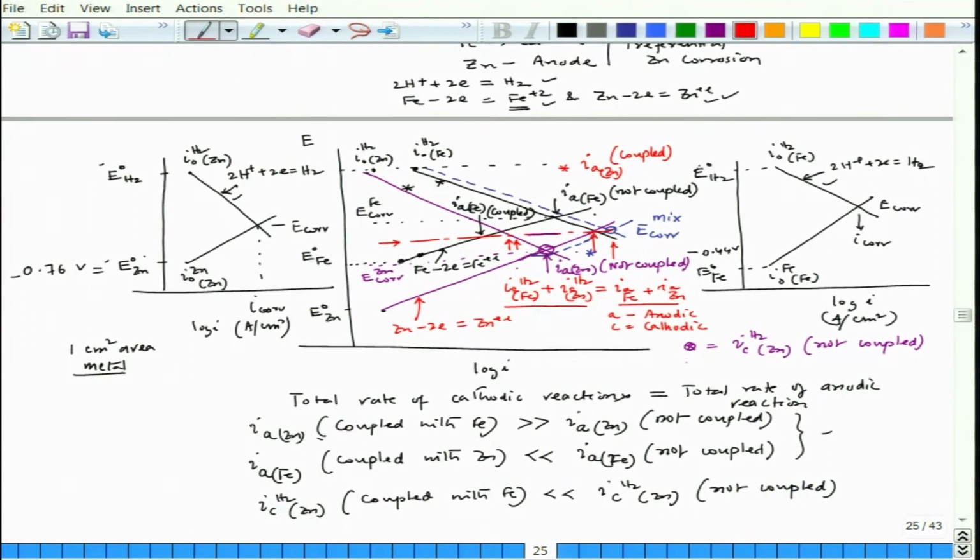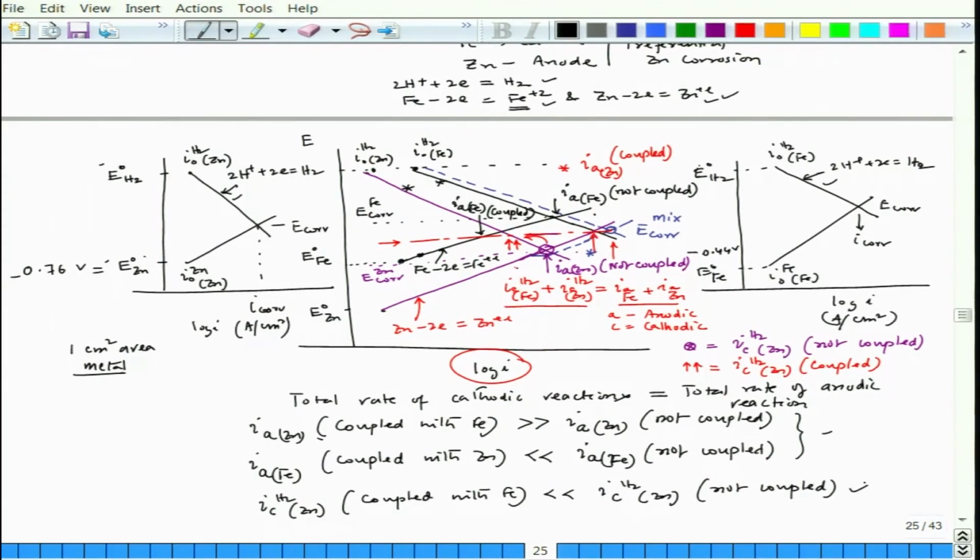That value is nothing but I_C hydrogen on zinc surface when coupled. Definitely, from here to here it has been reduced, and remember this is a log scale, so the reduction is quite large. So, this condition is met.